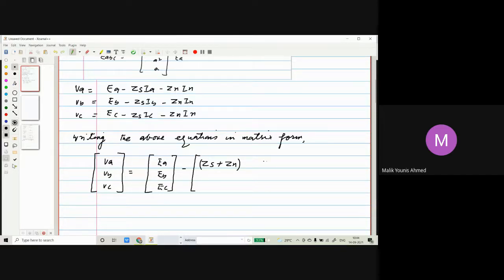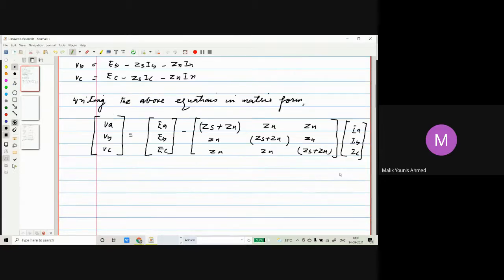Then this will become Zn, this Zn, this Zn, this ZS plus Zn, this Zn, this Zn, this Zn, and this again ZS plus Zn, multiplied by IA, IB, and IC. There will not be IN now.